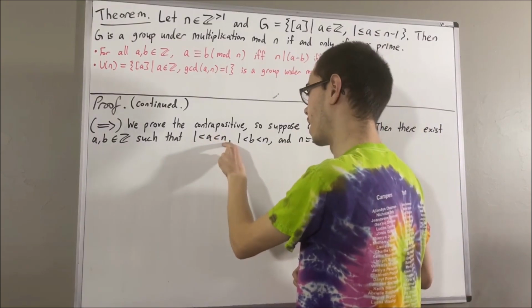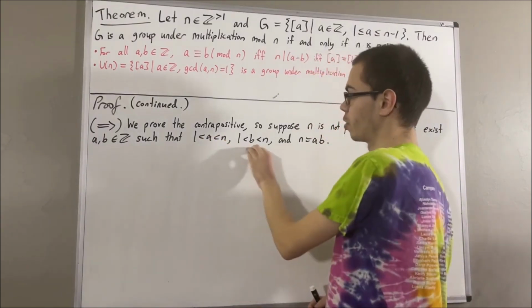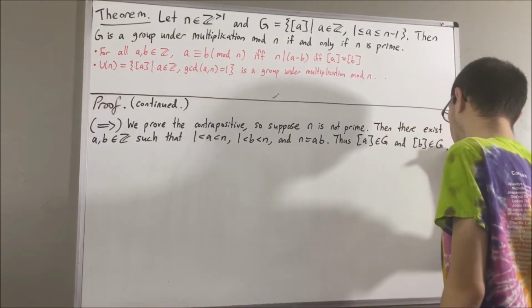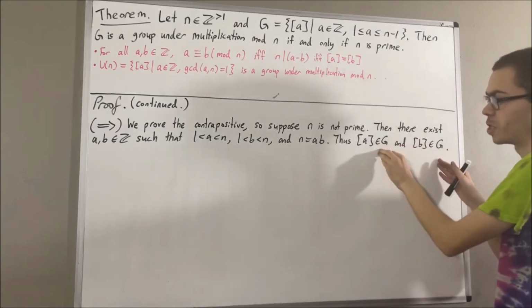Since a is less than n, that implies a ≤ n − 1. And similarly for b. So we have that the equivalence class of a and the equivalence class of b are both elements of G.